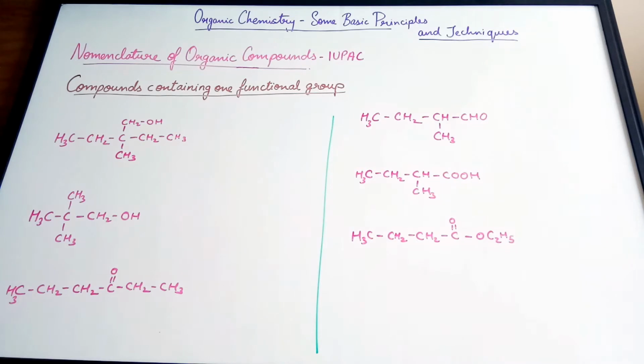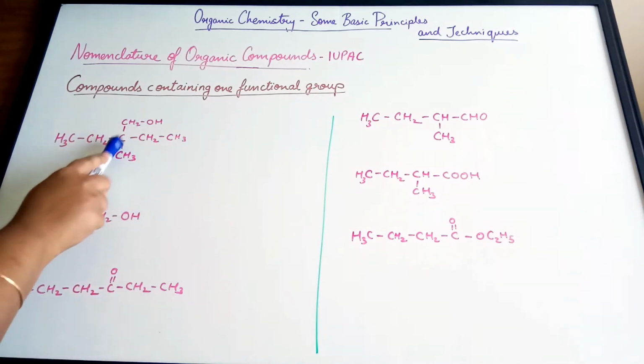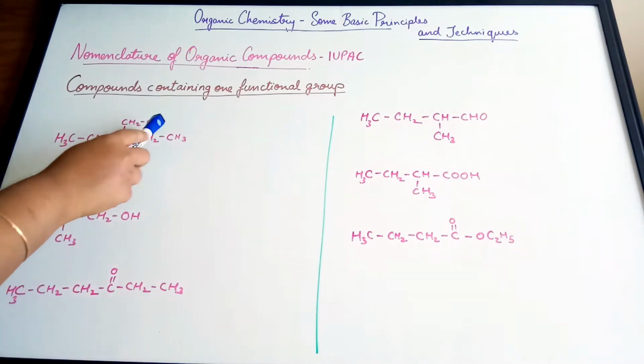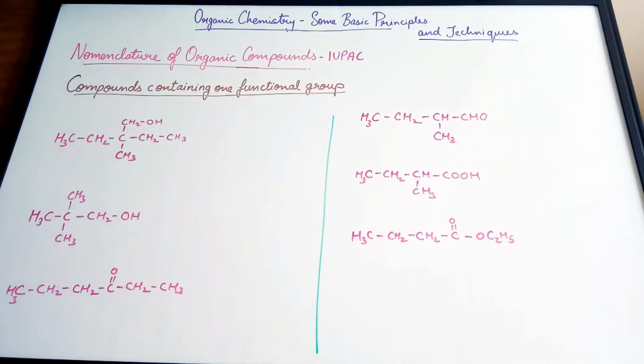And like alkenes and alkynes, the functional group is supposed to be part of the main chain, irrespective of how long it is. So, in this compound, if we consider 1, 2, 3, 4, and 5 to be the main chain, then our functional group, that is the OH group, is not a part of the main chain.